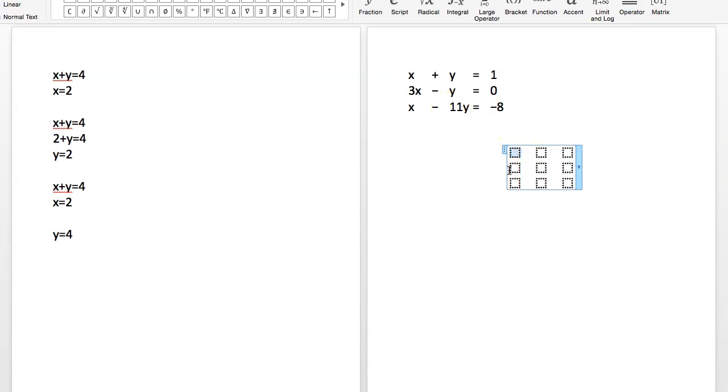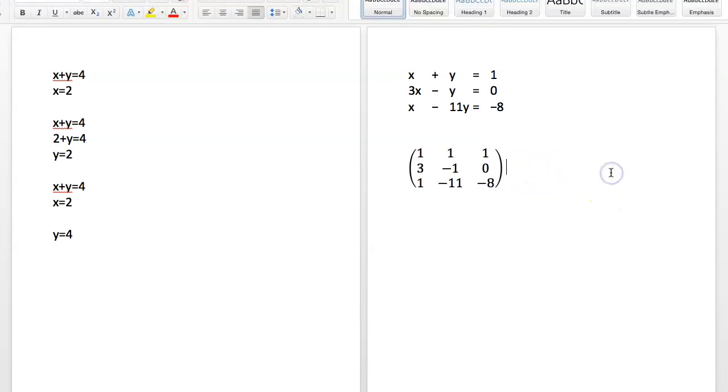So I want to make a 3 by 3, and I need to create my little things over here. So I have x plus y equals 1, so that's 1, 1, 1. I have 3x minus y, 3, -1 equals 0, and then 1, -11, and then -8.